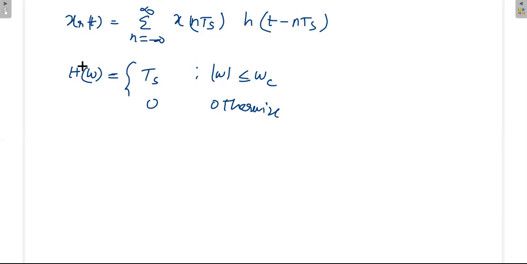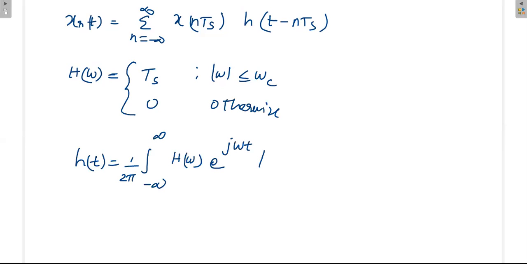Once we know H of omega, with the inverse Fourier transform we can calculate h of t. So we have to apply the inverse Fourier transform formula, h of t equals 1 by 2 pi times the integral of H of omega e power j omega t d omega.